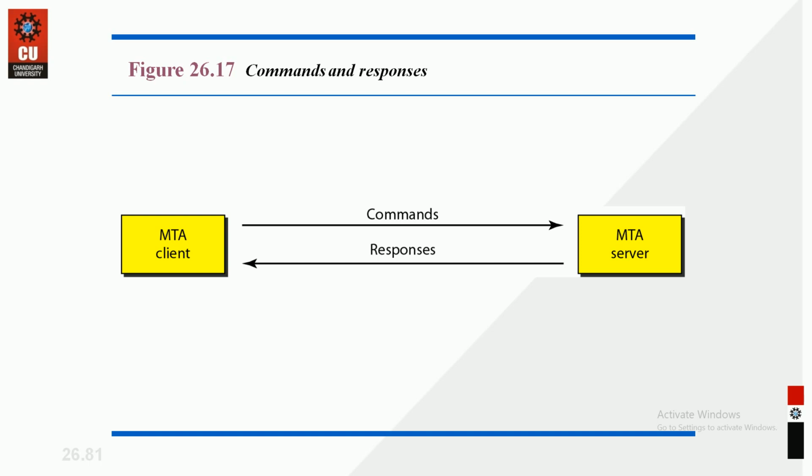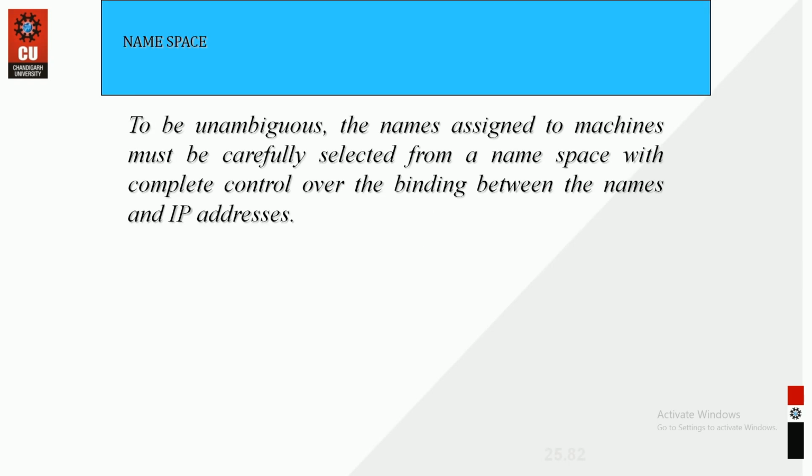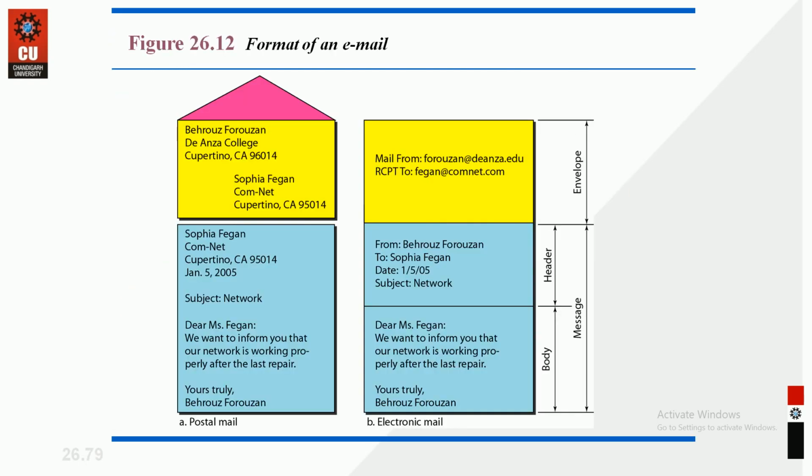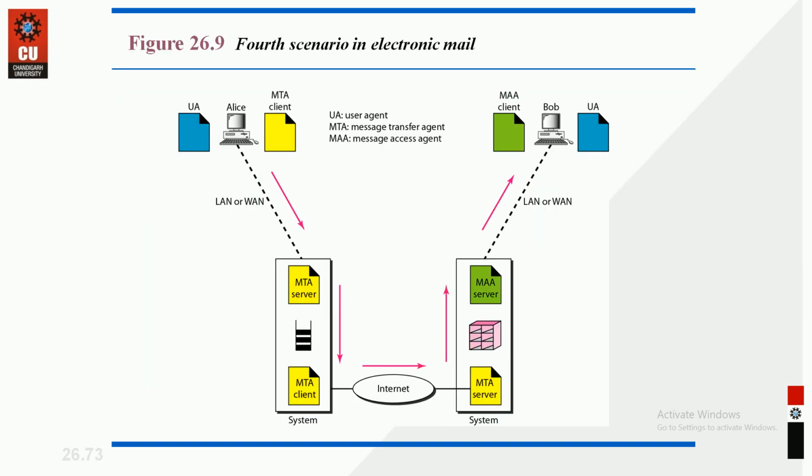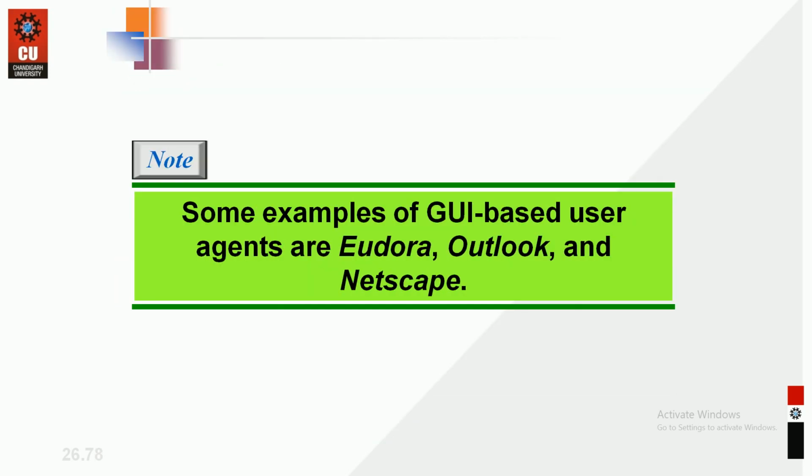MTA client and MTA server: this is the standard client-server architecture, where the client commands and the server responds. MTA means message transfer agent, right? So this is your mail. I hope you understand these terms, that we have the four basic scenarios, the services provided by mail and how this will work.